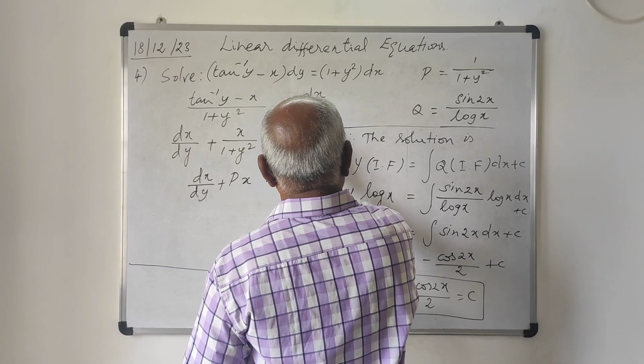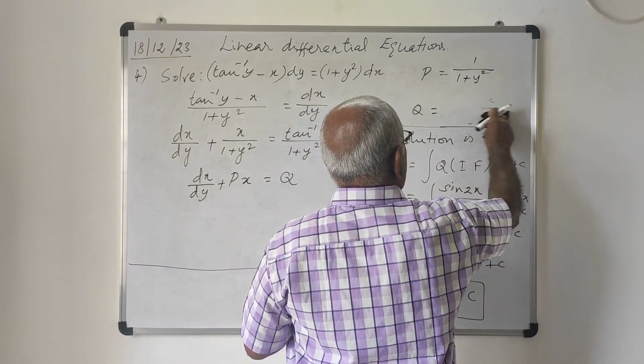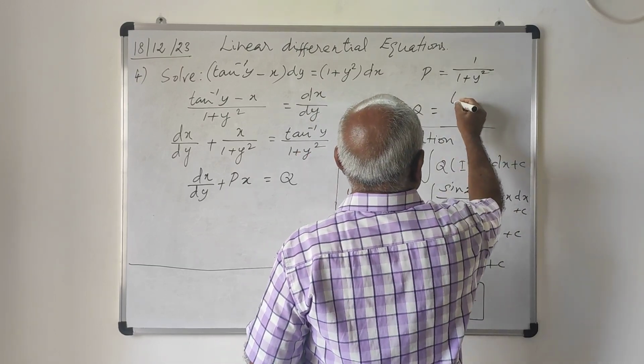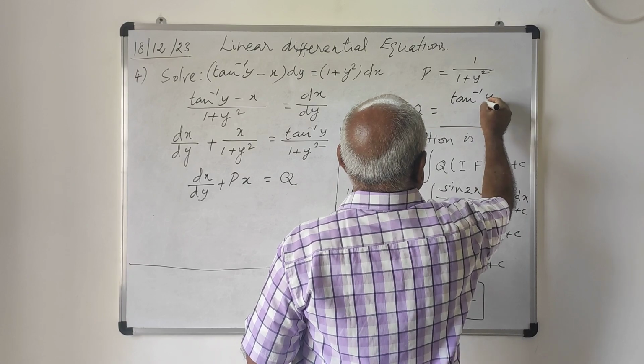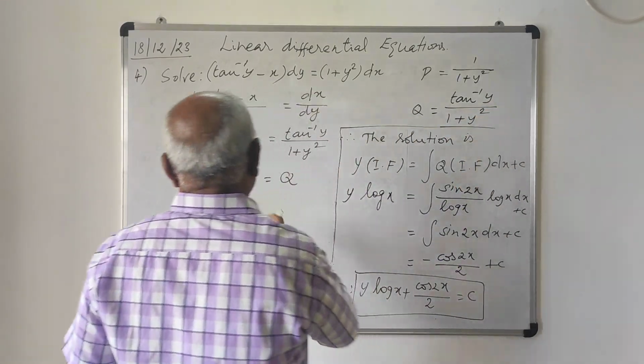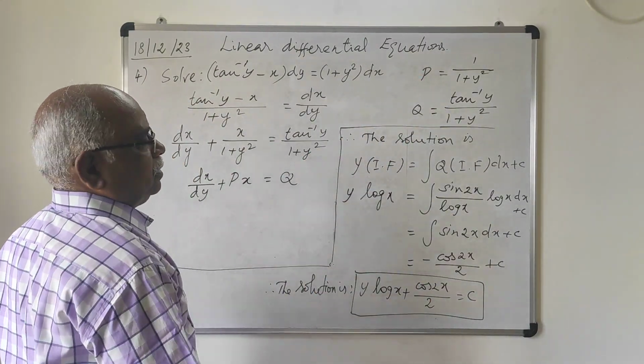What is q? Tan inverse y by 1 plus y square. Q is also in terms of y only. It's a function of y.